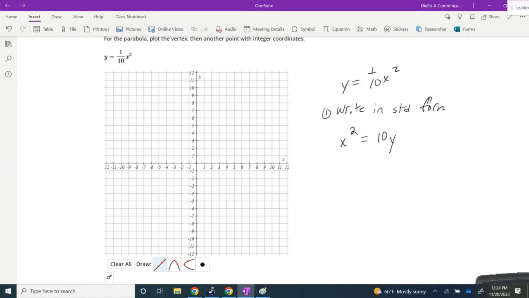So this is going to be x squared is equal to 4 times some number times y.